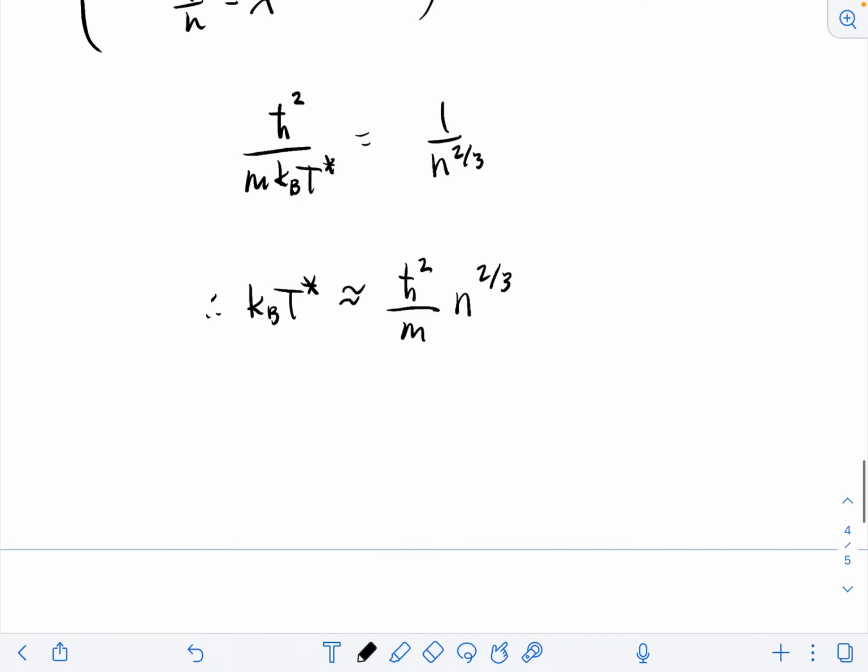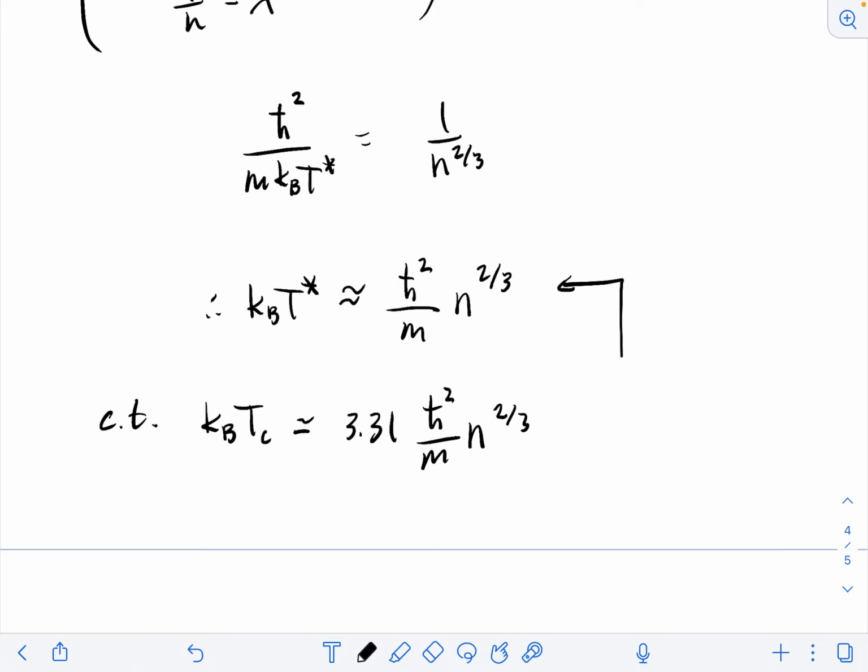And so we can compare to kBTc for the Bose-Einstein condensation, which was 3.31 h bar squared over m times n to the 2/3. And so these are the same within numerical constants.